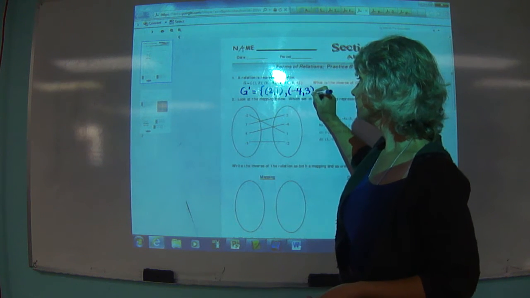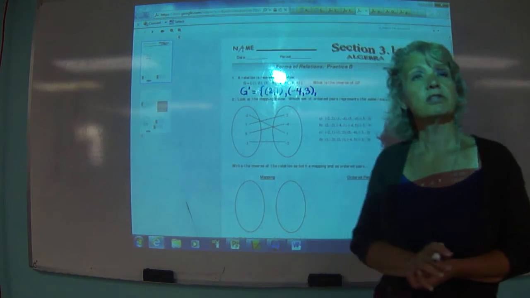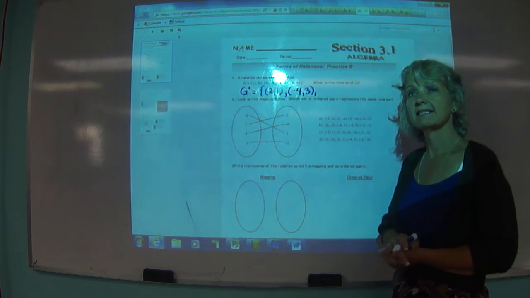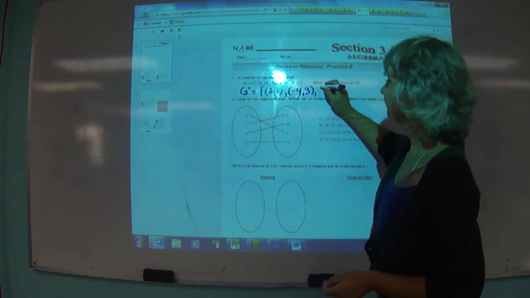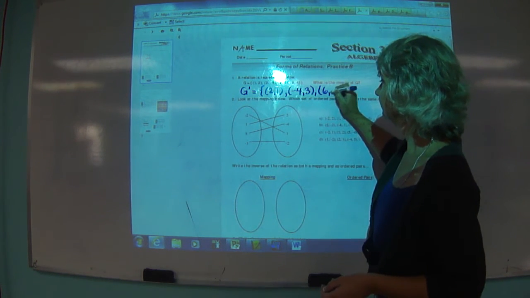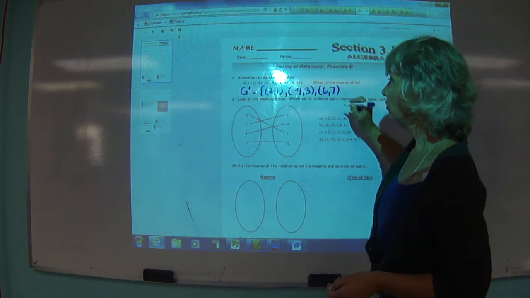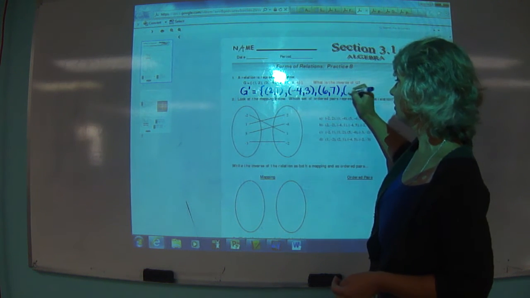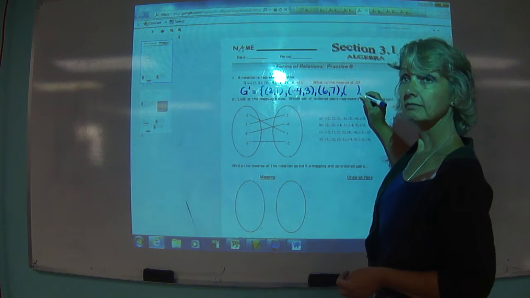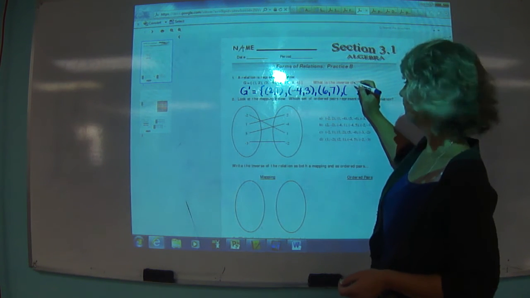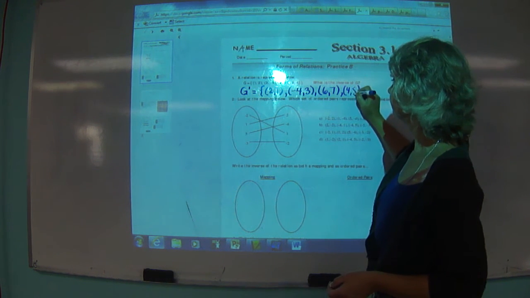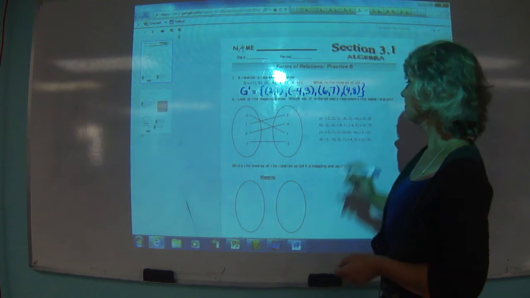That's the inverse. So what do you think the inverse of (7, 6) is? (6, 7). What do you think the inverse of (8, 4) is? (4, 8). That's it. That's all she wrote.